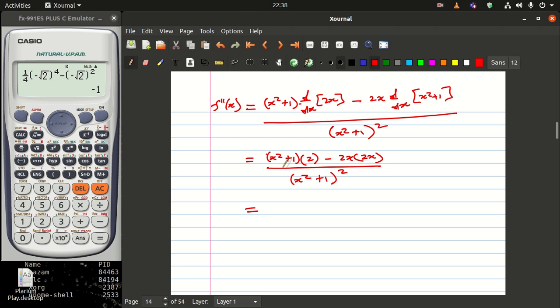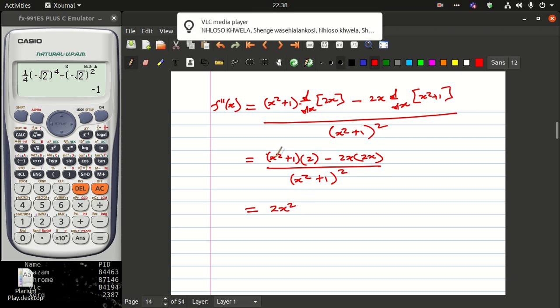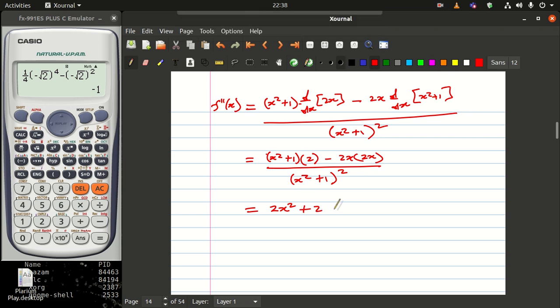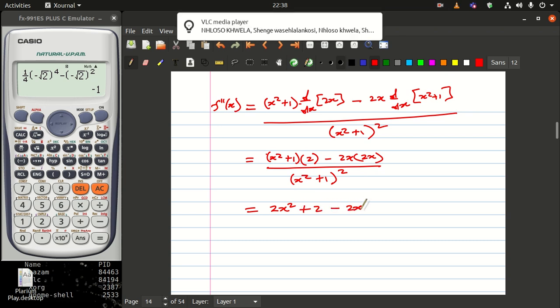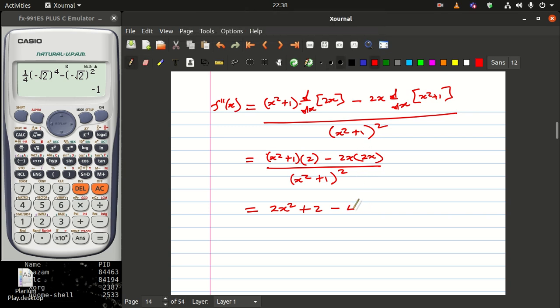If you simplify here, you will end up having 2x squared plus 2, minus 2x times 2x, which is 2 times 2 is 4, x times x is x squared, all over x squared plus 1 all squared.